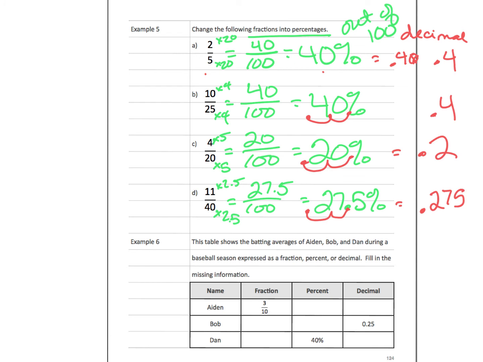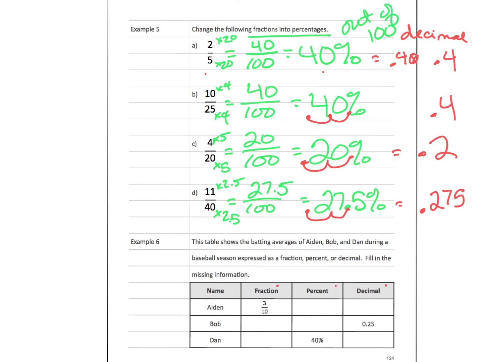Down at the bottom, example 6. We're going to talk about it, but then I'm going to have you pause the video and try doing it without my help. The table shows the batting averages of Aiden, Bob, and Dan during a baseball season, expressed as a fraction, a percent, and a decimal. You're going to fill in the missing information. So think about what we just did.